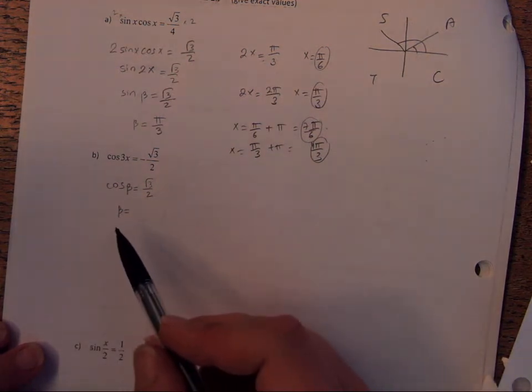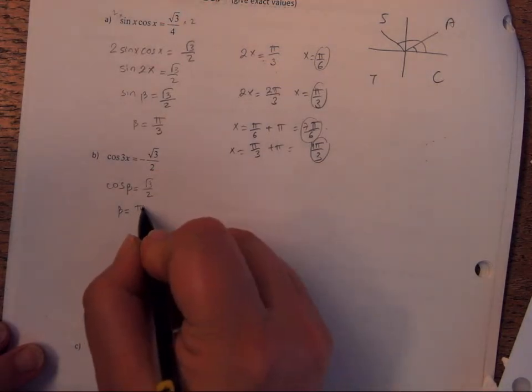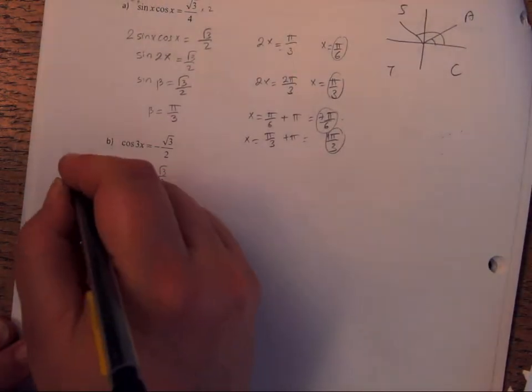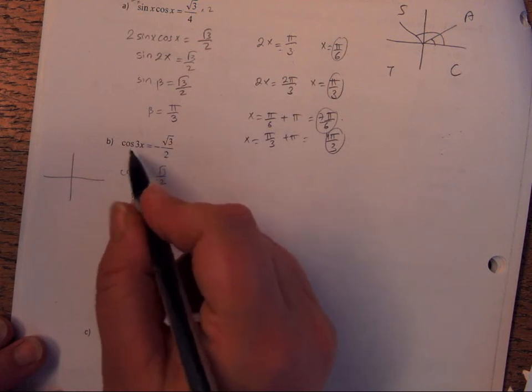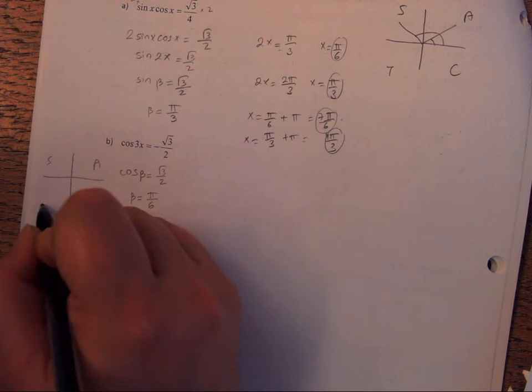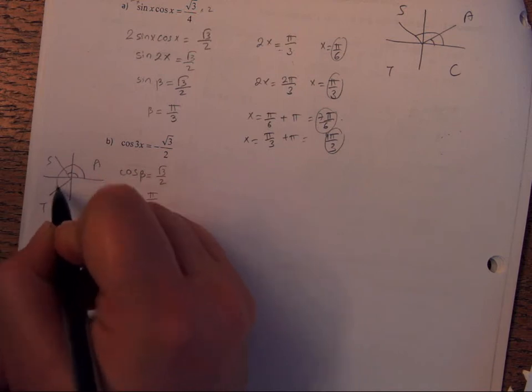Then we are going to get beta, which is going to be pi over 6. We are looking for where cosine is negative. Using CAST, cosine is negative in the second quadrant and in the third quadrant.